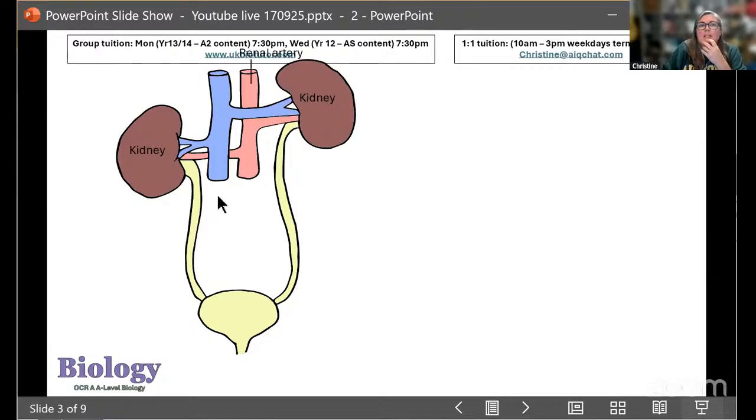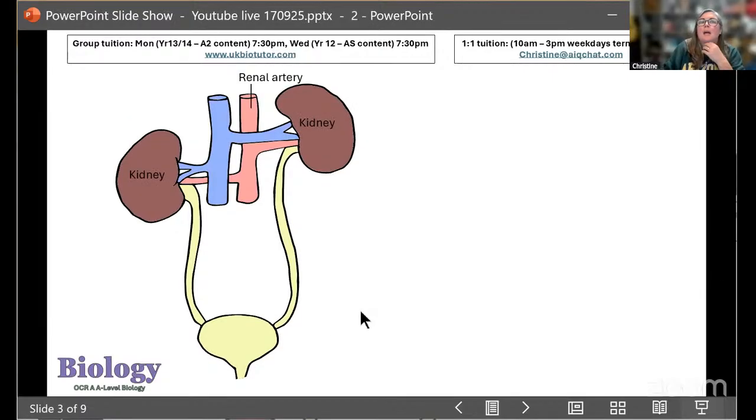Now, the kidneys obviously are going to need to be supplied by oxygenated blood. So you've got your renal artery, which is going to lead into both of your kidneys, and you also have a renal vein, which is going to lead out of the kidneys.